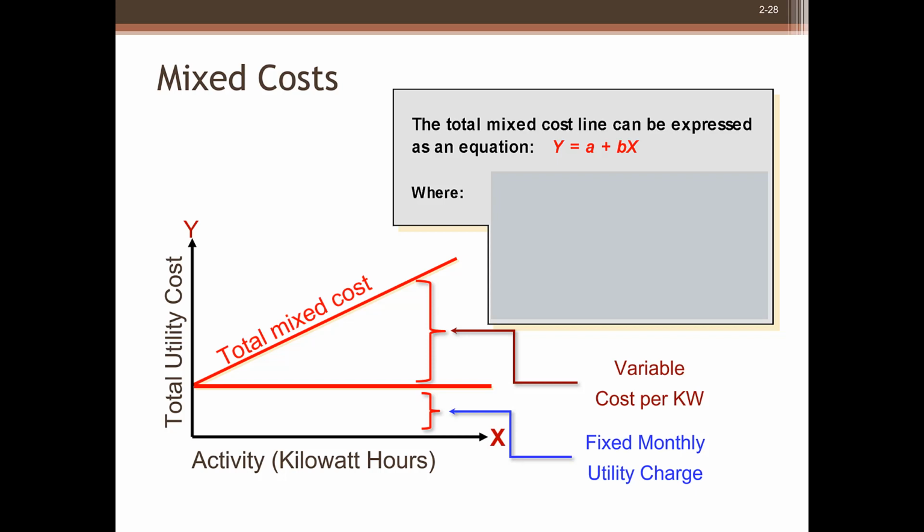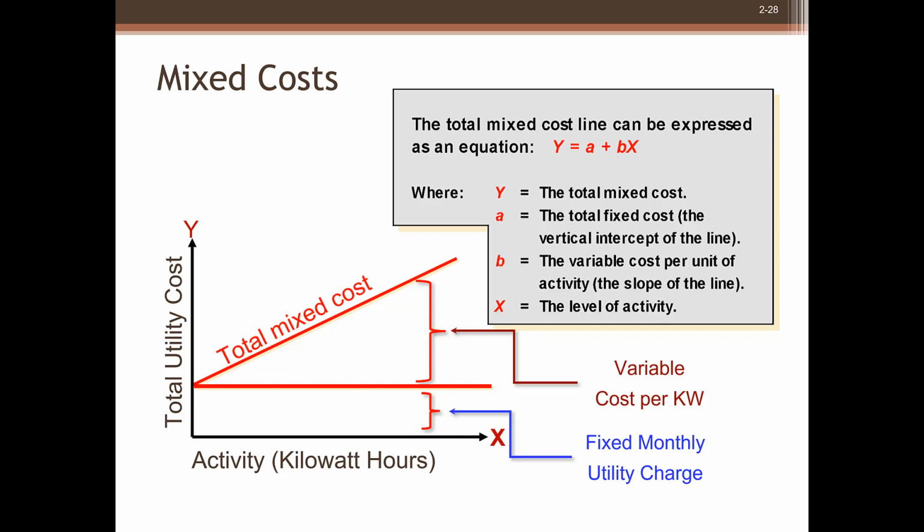The mixed cost can be expressed as the equation y equals a plus bx. Here, y is the total mixed cost. A is the total fixed cost. That's the vertical intercept of a line. B is the variable cost per unit of activity. Here, that's the variable cost per kilowatt hour, the slope of the line.